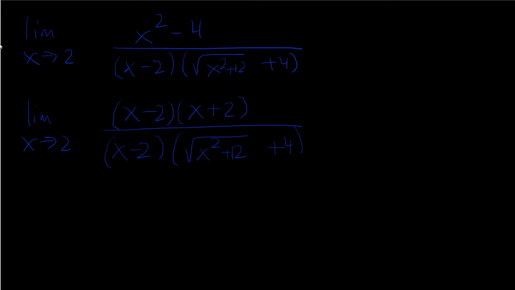Top and bottom have a factor of x minus 2. That goes away. I can plug in x equals 2. So 2 plus 2 is 4. And at the bottom I have 2 squared is 4, plus 12 is 16. Square root of 16 is 4. Added to the other 4 gives us 8. So my limit is 1/2.